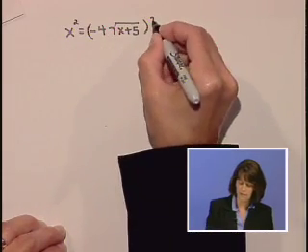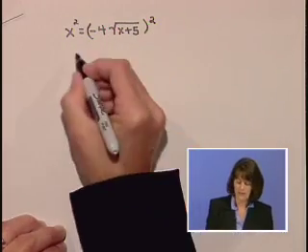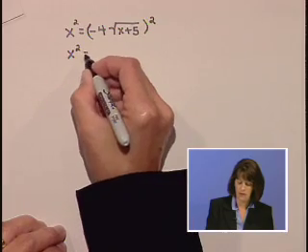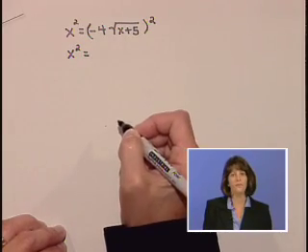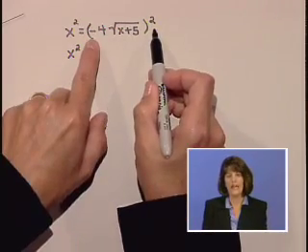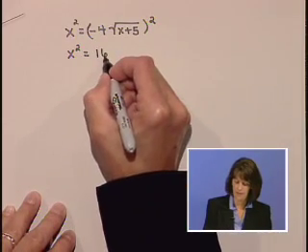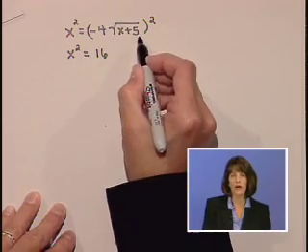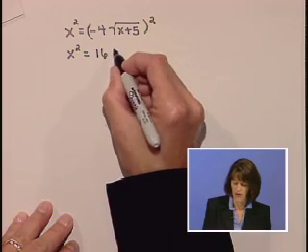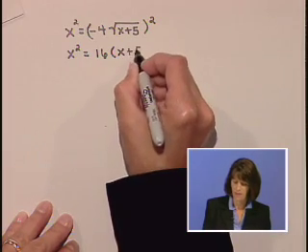Squaring the left, squaring the right gives x squared is equal to, so we square that negative sign, it's gone. 4 squared is 16, and the square root of x plus 5 quantity squared is x plus 5.